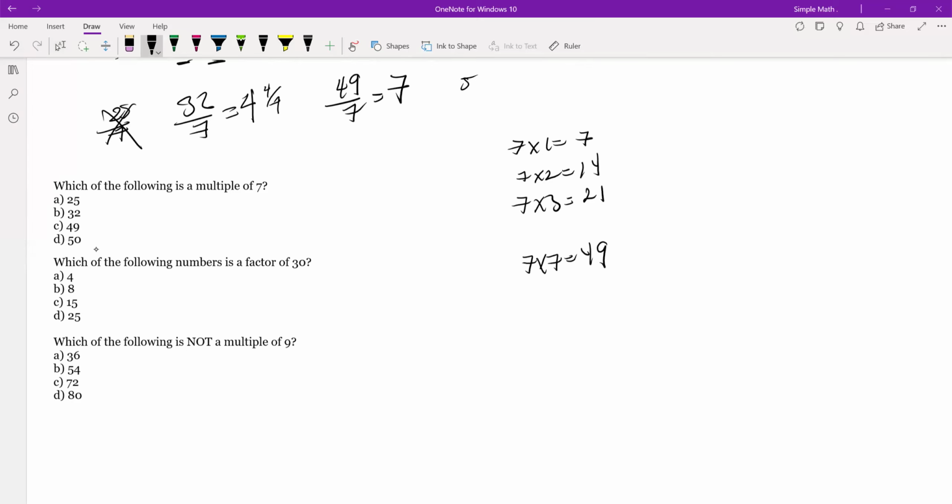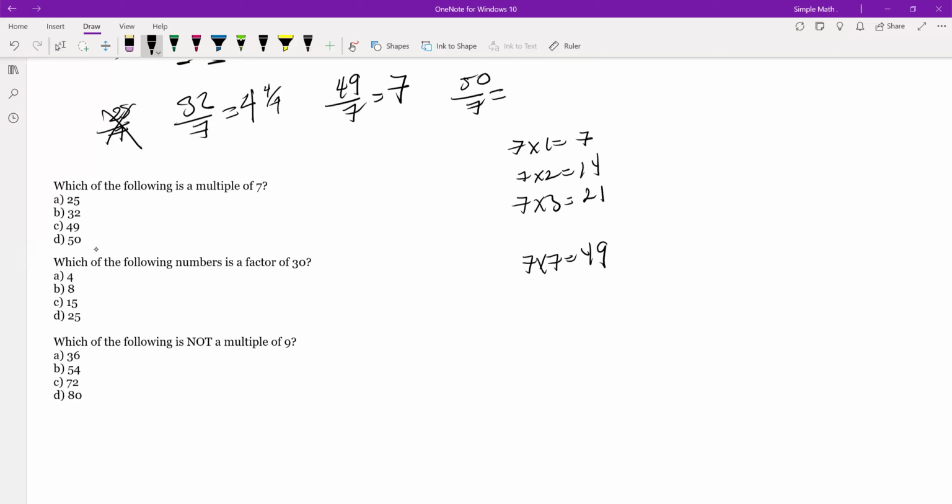And 50 divided by 7 is also not going to give you a whole number. So this is a quick way to check if you're asked a multiple choice question. You can do it this way.